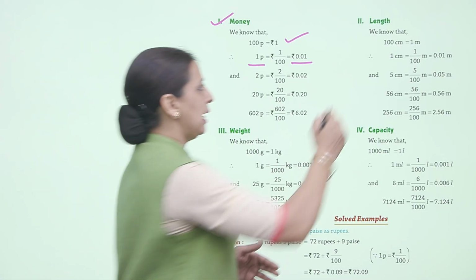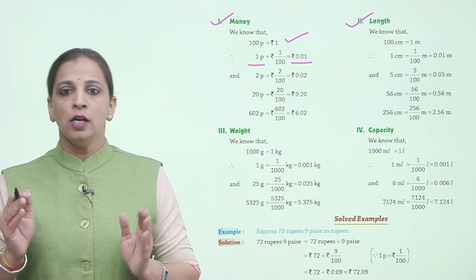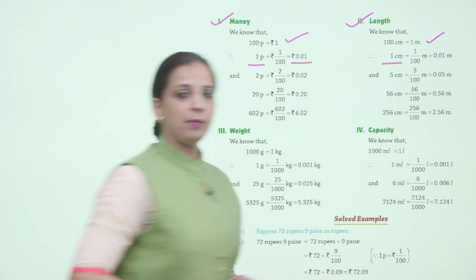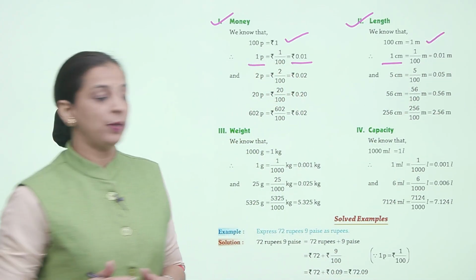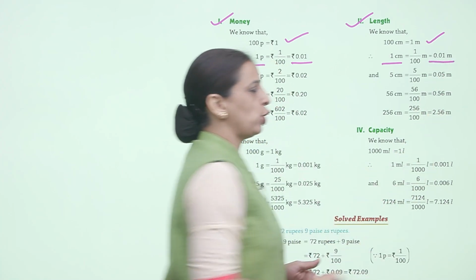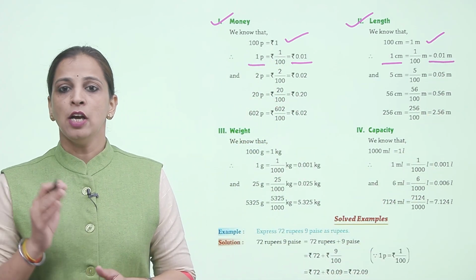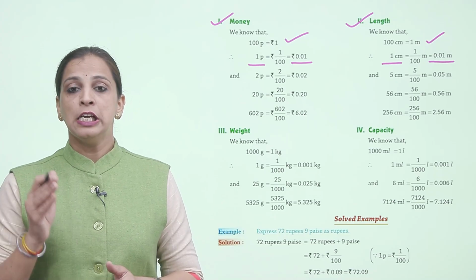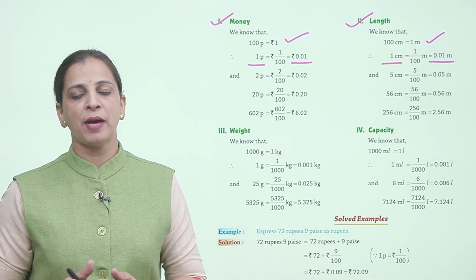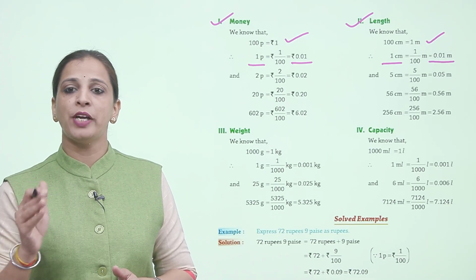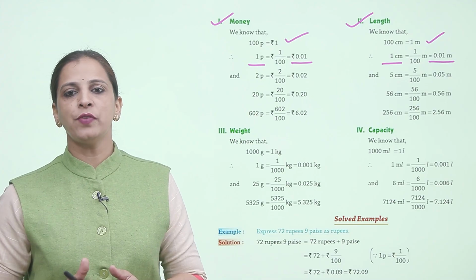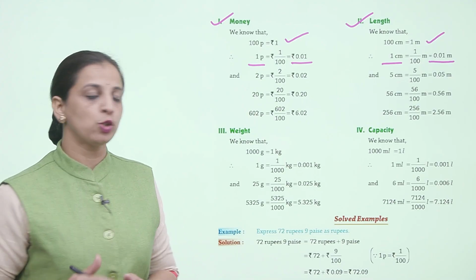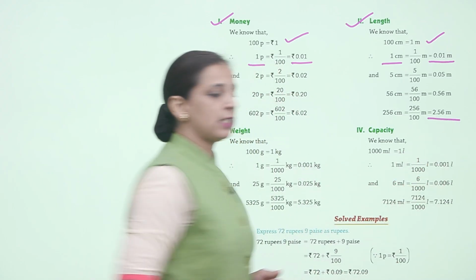Now second is length. We know that 100 centimeter is equal to 1 meter. So 1 centimeter is equal to 1 upon 100 meter, that is equal to 0.01 meter. And 5 centimeter is 5 by 100 meter, that is 0.05 meter. 56 centimeter is 56 by 100 meter, that is 0.56 meter. 256 centimeter is equal to 256 upon 100 meter, is equal to 2.56 meters.